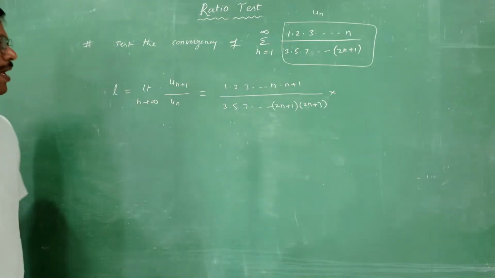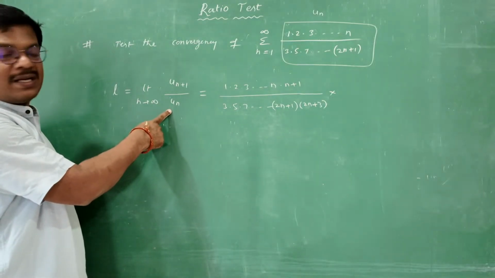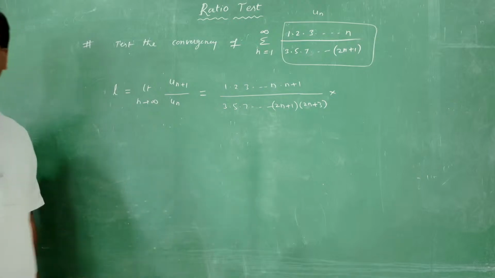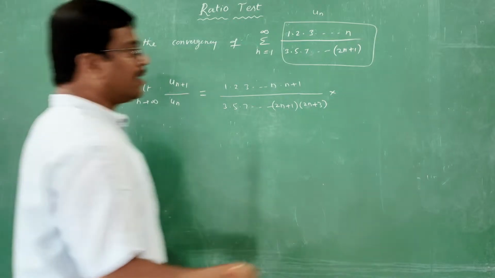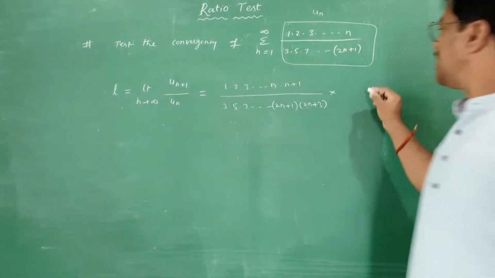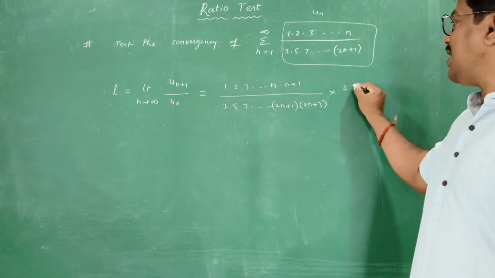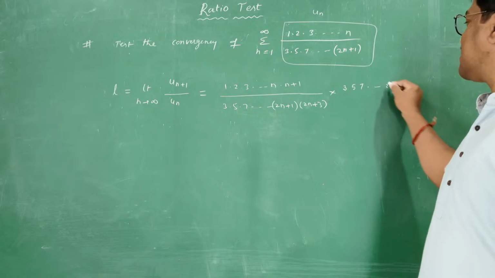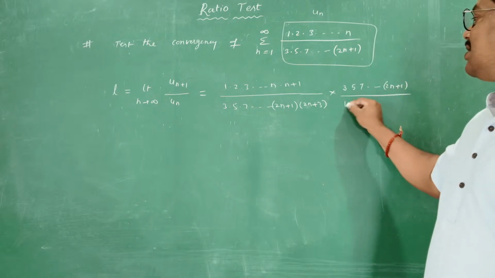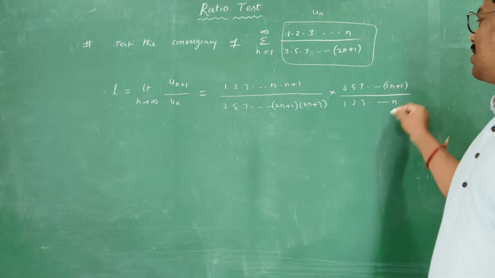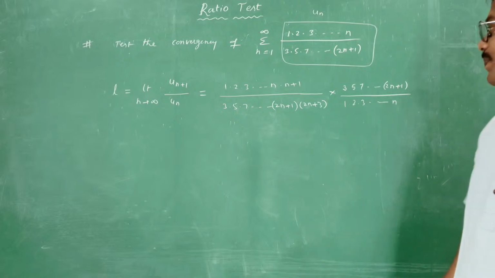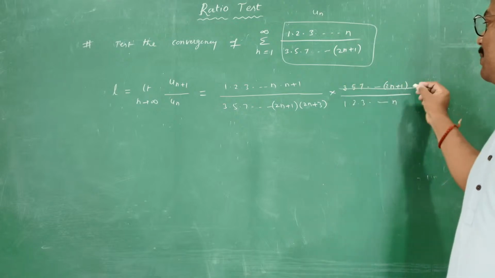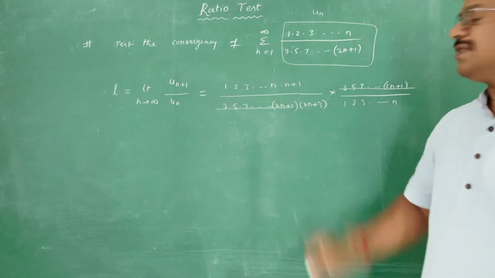Next, actually you have to divide with un, right? But I am going to multiply. Nothing but I am going to write these sums in reverse. Reciprocal I am going to write 3, 5, 7 and so on 2n plus 1. Next 1, 2, 3 and so on n. Here 3 to 2n plus 1, 3 to 2n plus 1.